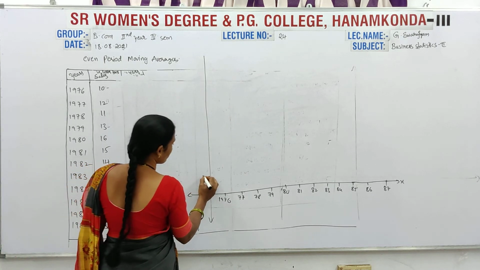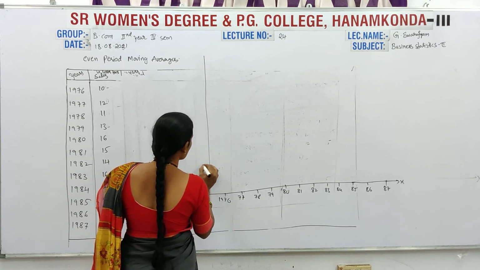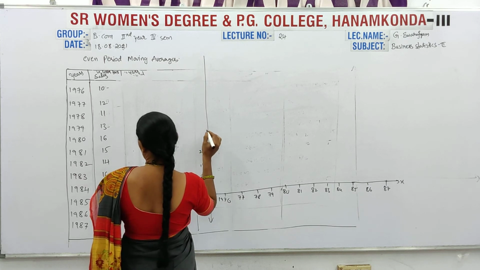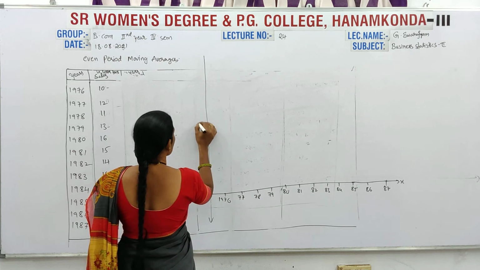5 is 5, take from 10, 10, 15, 20, 25, 30.